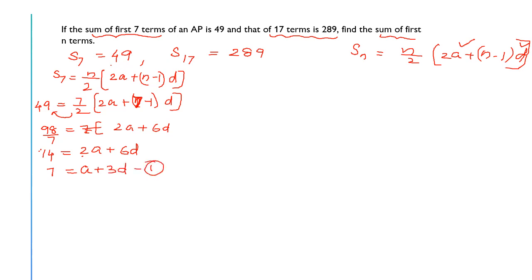Now we'll take S17. S17 is equal to 289. So 289 is equal to n by 2, that is 17 by 2 into 2a plus n minus 1, that is 16d. Again you can take 2 to the other side and divide by 17. 289 divided by 17, how much is that?